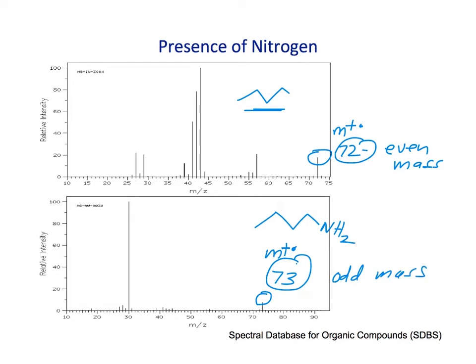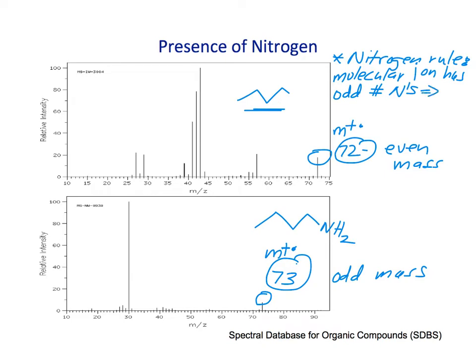Okay? And this comes up with what's called the nitrogen rule. The nitrogen rule basically says if the molecular ion has an odd number of nitrogens, it will be odd.